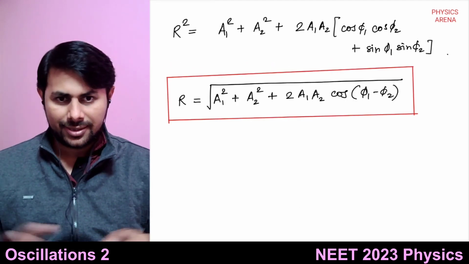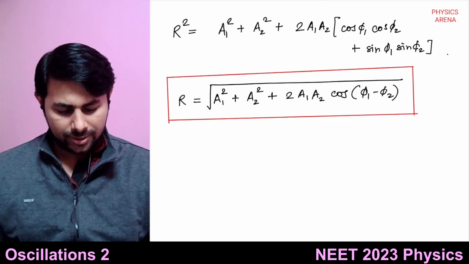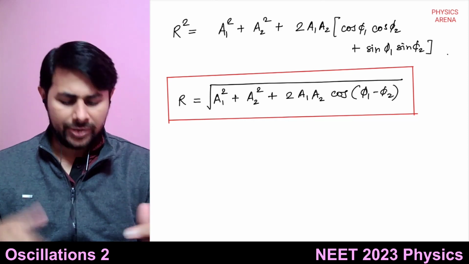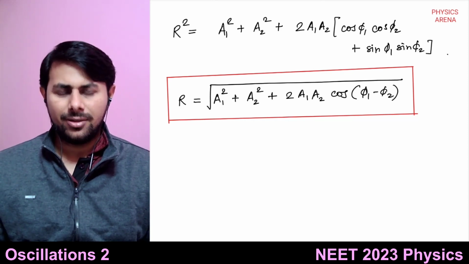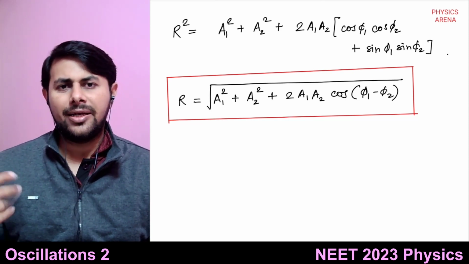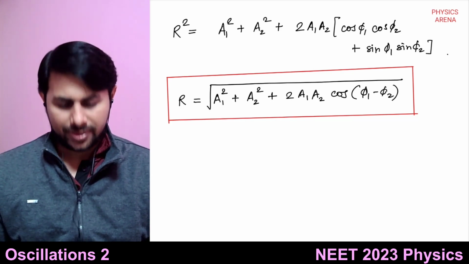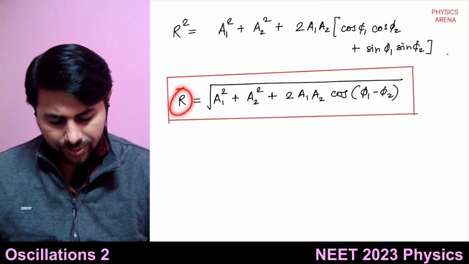Have we seen this kind of an expression anywhere? That means the two SHM which are acting in the same direction add as if they are two vectors. So what is the resultant amplitude?